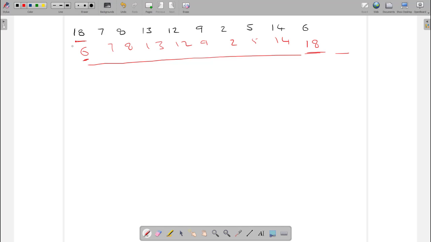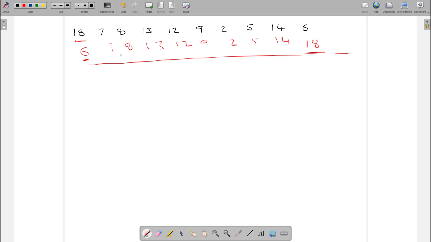We had considered a very special case, actually a corner case, where 18 happened to be the biggest element, so it went to the extreme right. So let us go one step further and let's try to put 6 in its right position for this partition so that we get a grasp of what is the basic idea.